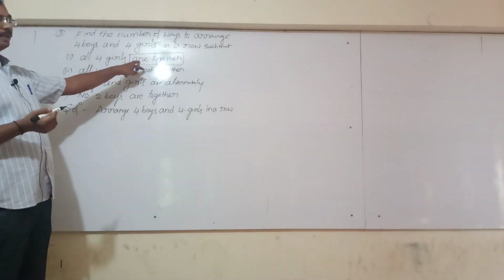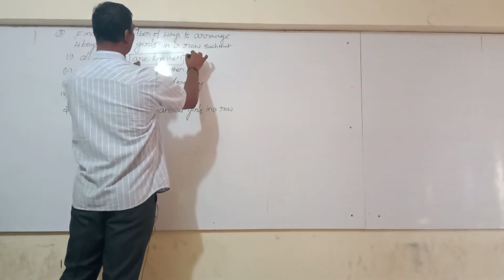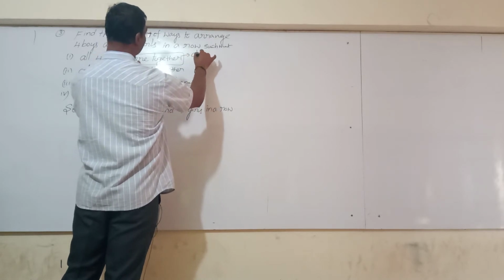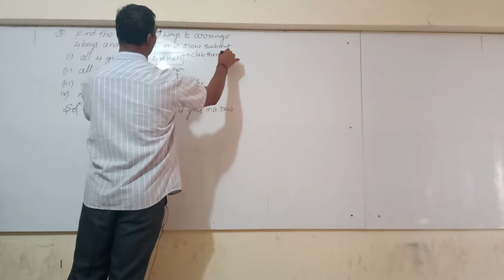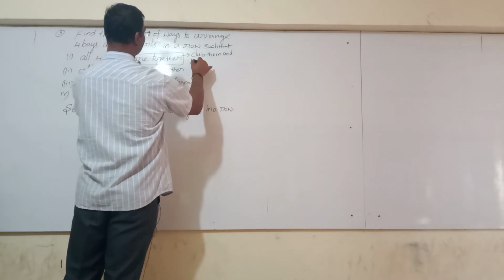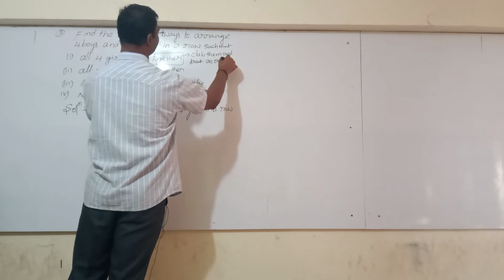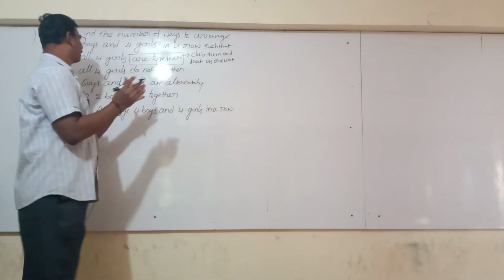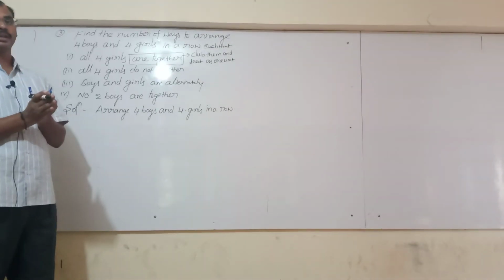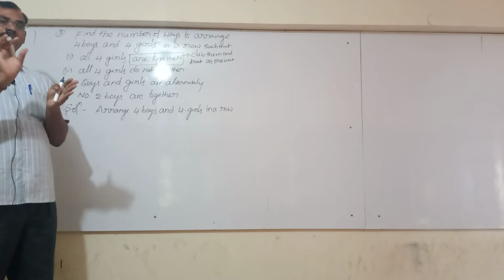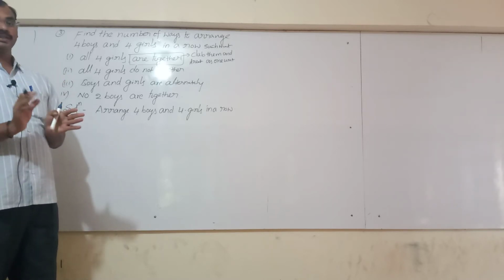Together means the best method is to club them and treat them as one unit always. Wherever they sit, among the boys, they do not separate. 4 girls sit together always.